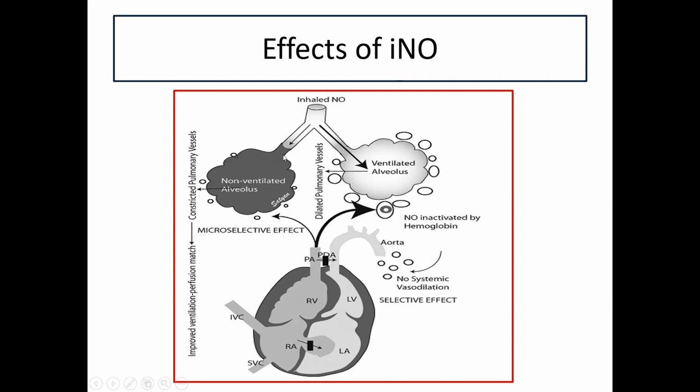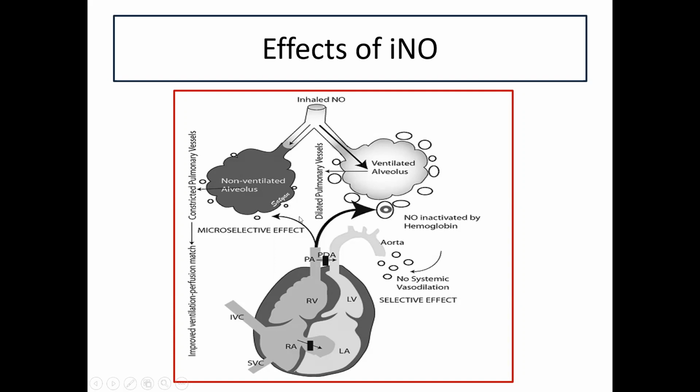So, when you have inhaled nitric oxide therapy, it automatically reaches the well-ventilated alveoli easily, resulting in the selective action of nitric oxide on the pulmonary blood vessels situated proximal to the ventilated alveoli, and this, as you can appreciate, reduces the VQ mismatch.